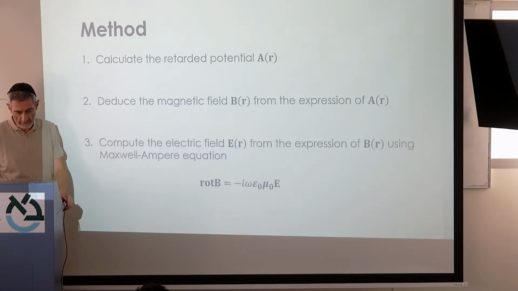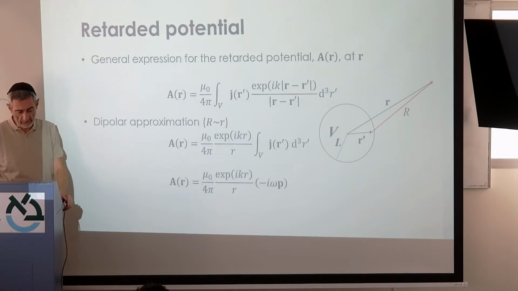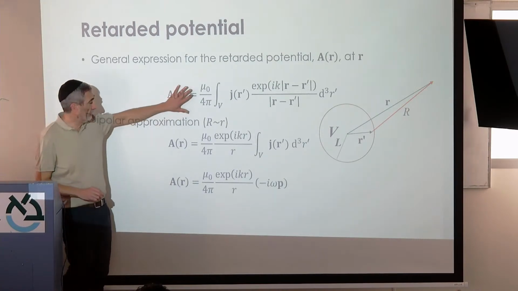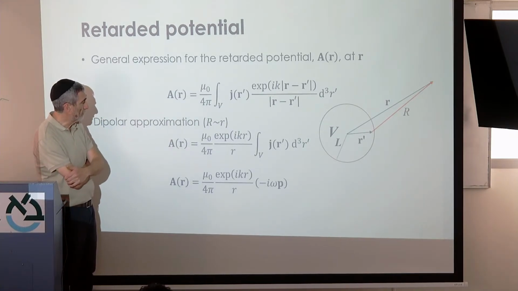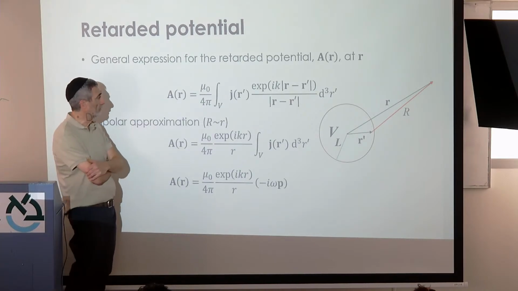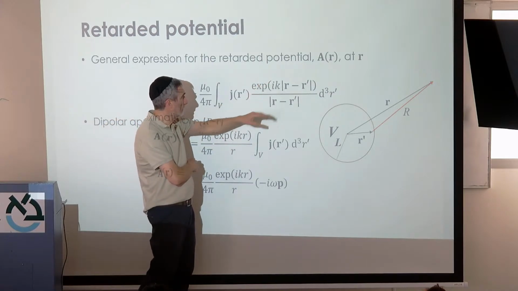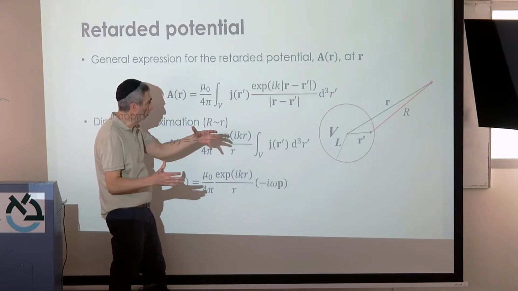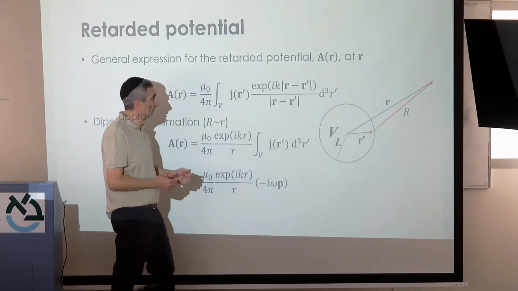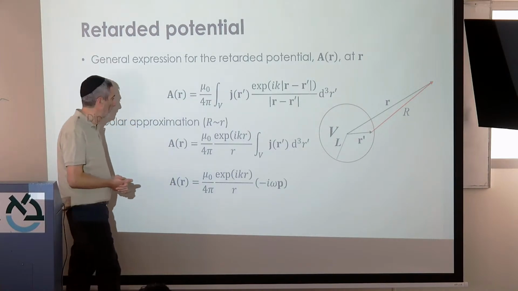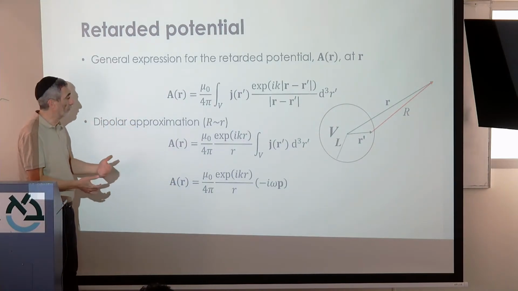So let's go. We have the general expression for the retarded potential. That's what I gave you last time. J is the current, the local current density. This term is typically the spherical retarded wave. There is a delay due to the distance between r and r prime, so we take into account the speed of light.